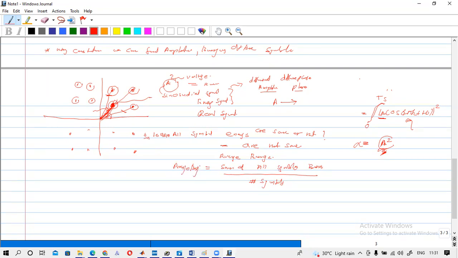So it is the average energy of the symbol.